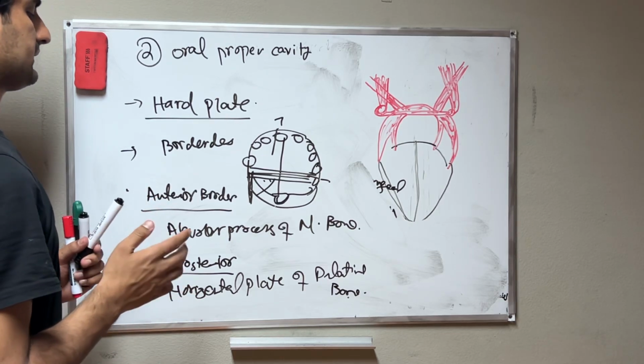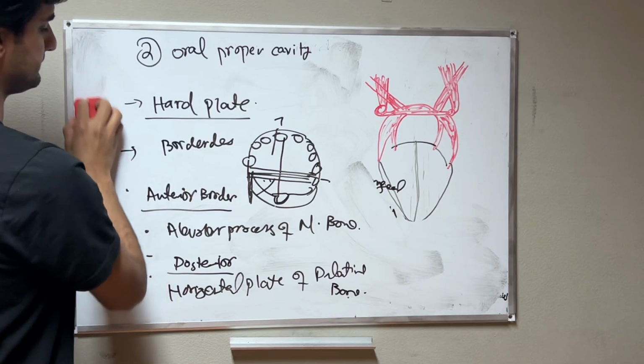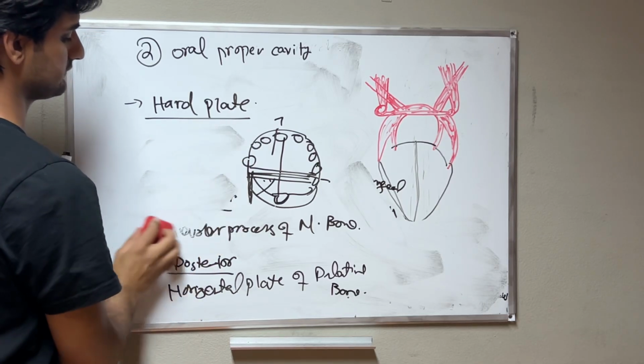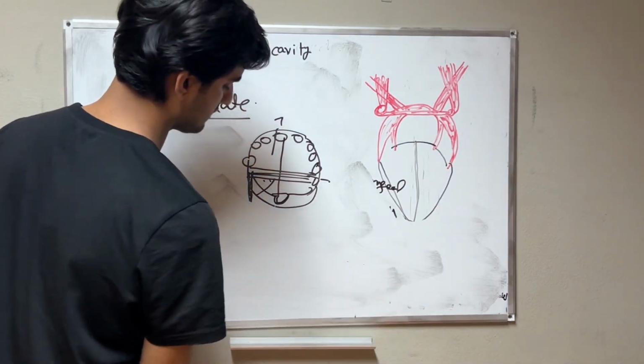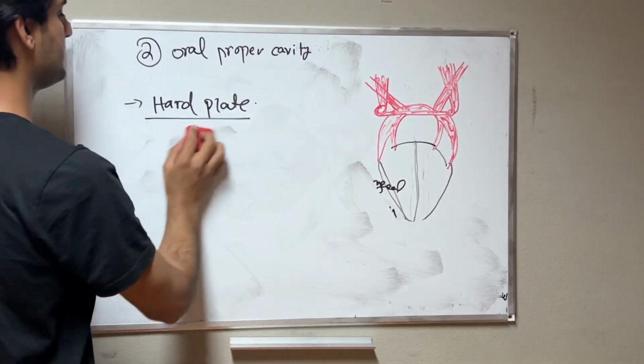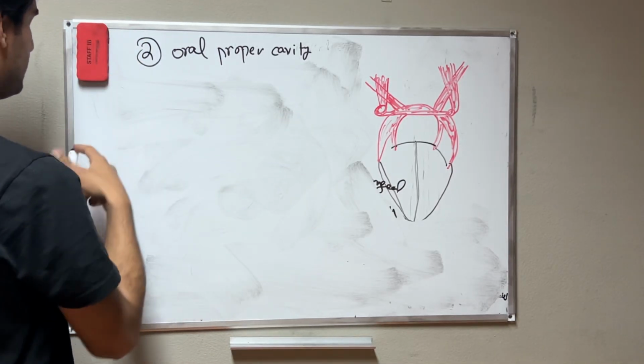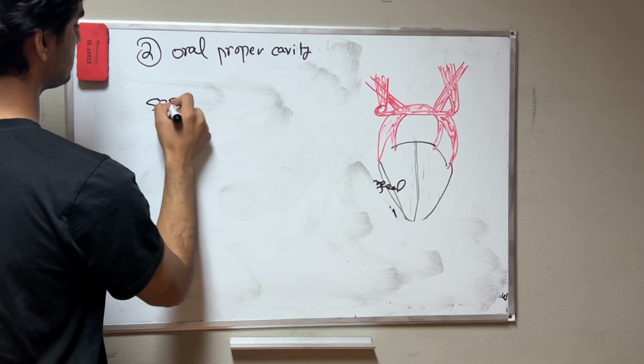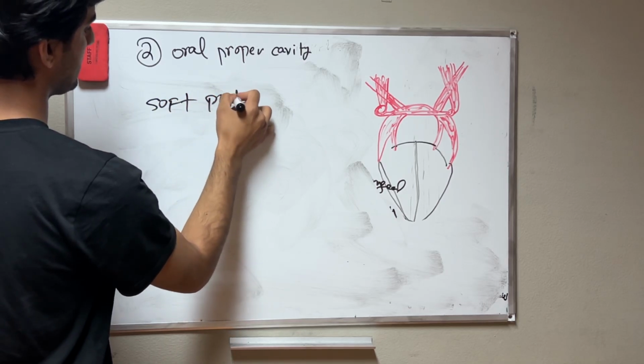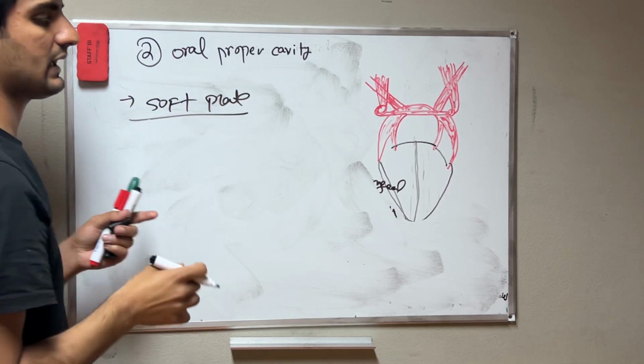Next we have the soft plate. If you talk about the soft plate, I will give you the example of a bag.